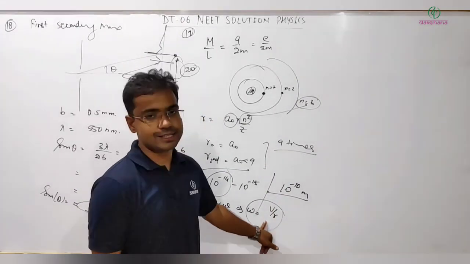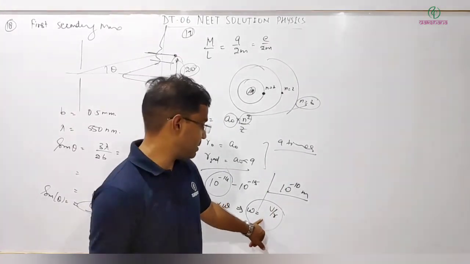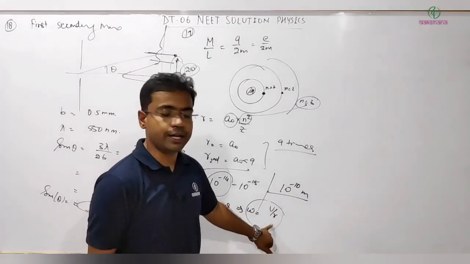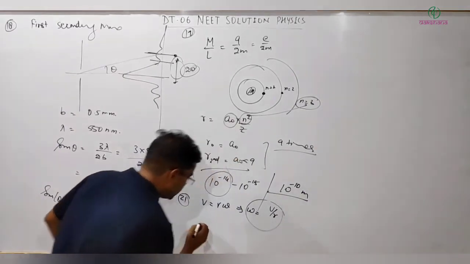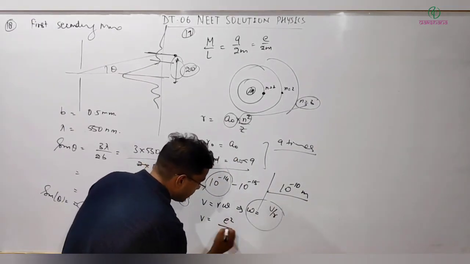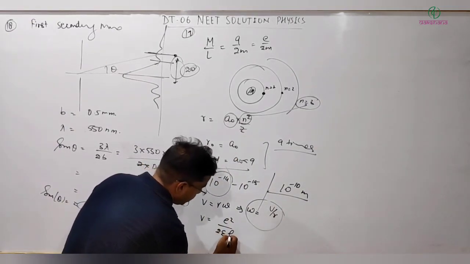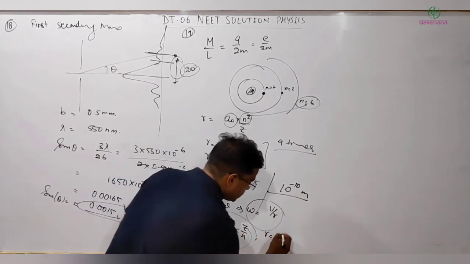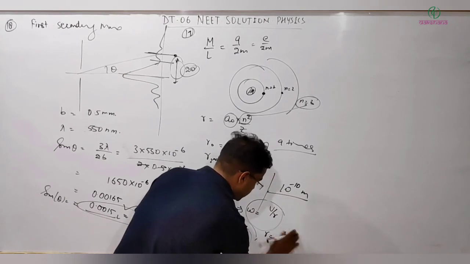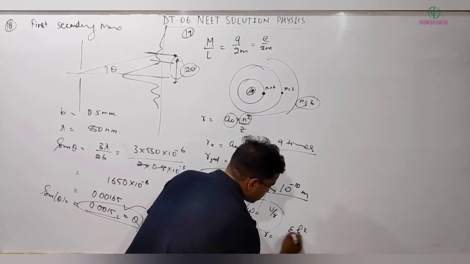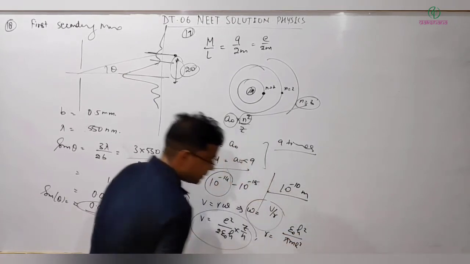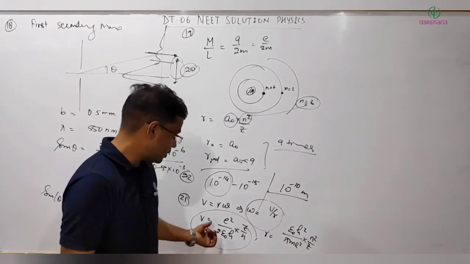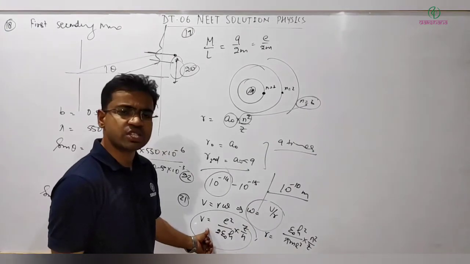That's why it's important to remember the relations that we derived for velocity and radius. v is equal to e squared by 2 epsilon naught h into z by n, and r is equal to epsilon naught h square by pi m e square into n square by z. We are only talking about proportionality.